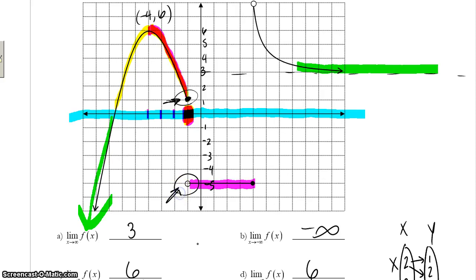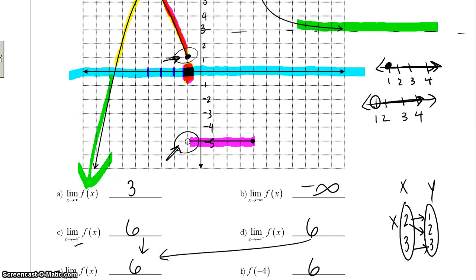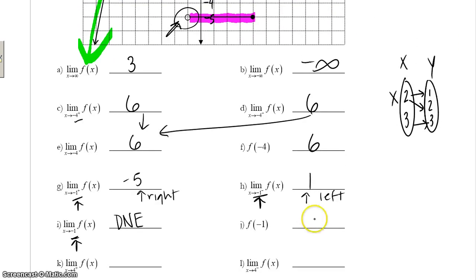Whereas this one here means that it's not included. Think about a number line, right? When we used to talk about including and not included, this meant that 1 is not included. This one meant that it was included. So f of negative 1 is 1.